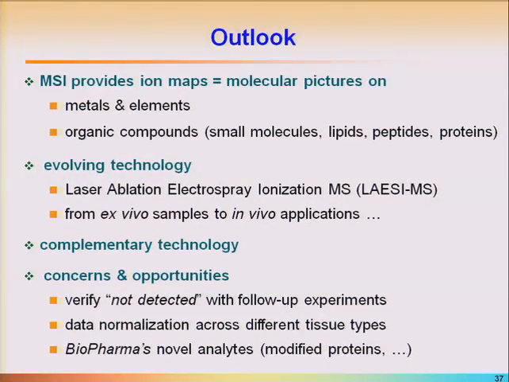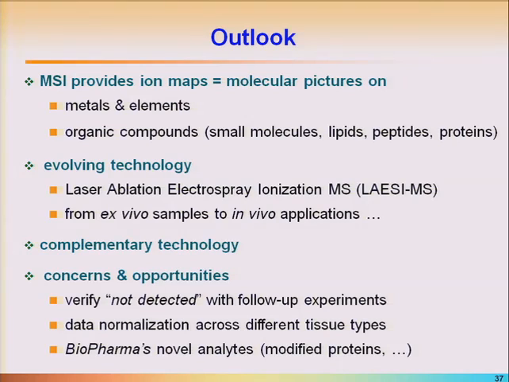For the outlook, MSI provides ion maps, molecular pictures of metals and elements, of organic compounds, small molecules, lipids, peptides, proteins. It is an evolving technology. Just coming here to Pittcon, there was already an article on laser ablation electrospray ionization MS, LAESI-MS, where again they claim there's no matrix preparation necessary.